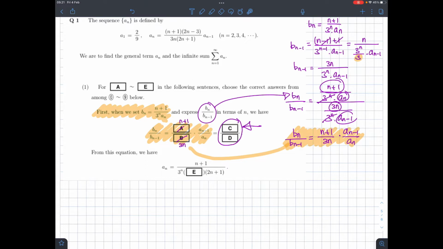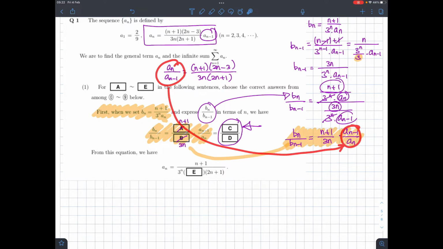So we need to remove this one using the original equation. The original says an equals this one, so when I move this part, an per an minus 1 becomes n plus 1 to n minus 3 over 3n. Very similar, but in a different position.